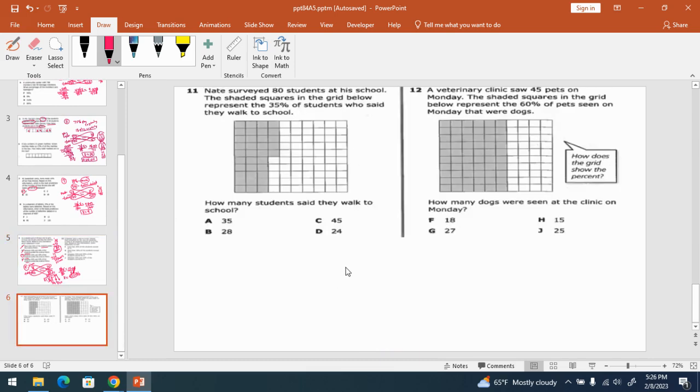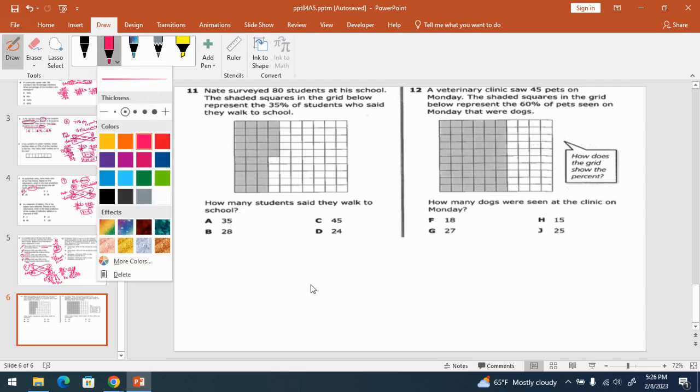Finally, we have 11 and 12. It says Nate surveyed 80 students in the high school. The shaded squares in the grid represent 35% of students who said that they walked to school. How many students said that they walked? Okay, so here we go. So I'm going to get my pink pen. I don't know why I chose pink.